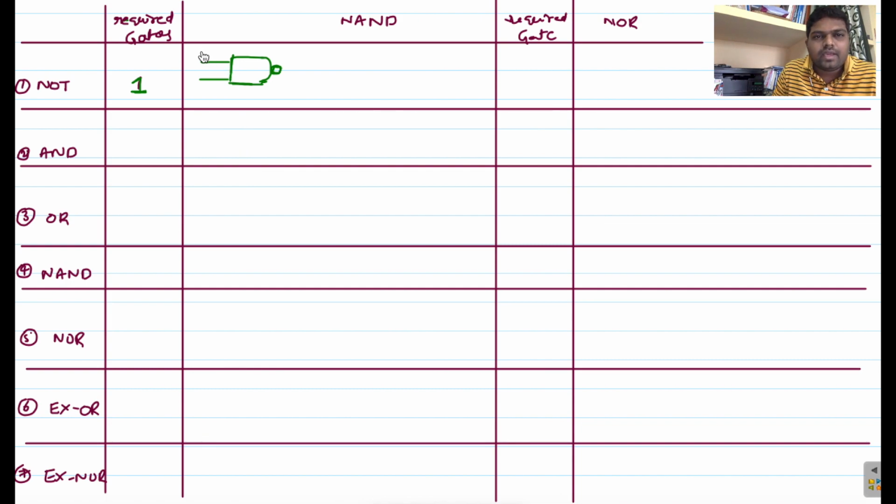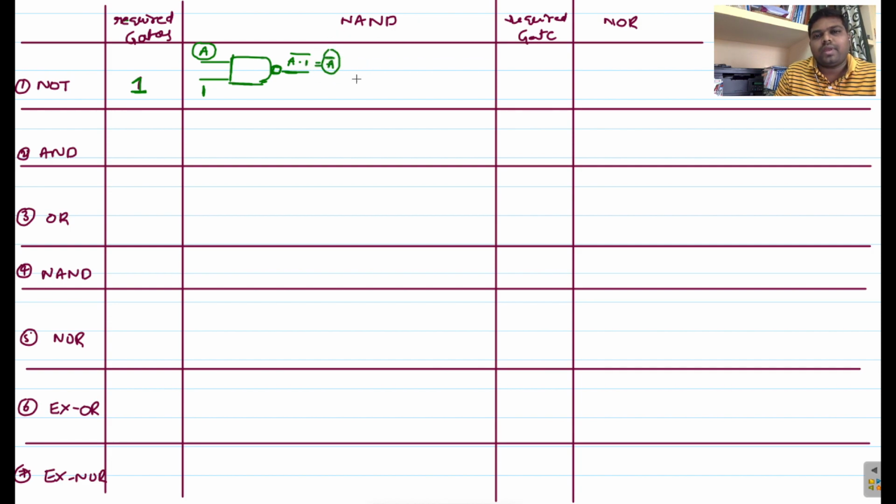Here I am taking A, and here I am providing input 1. Now what you will get here is A into 1 whole bar, so you will get A bar. Here I am providing variable A, so finally I will get A bar, that means inverted.